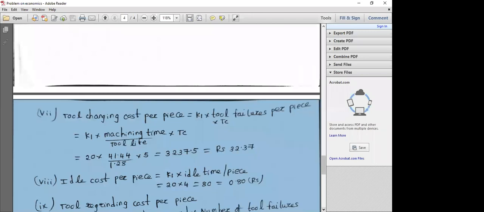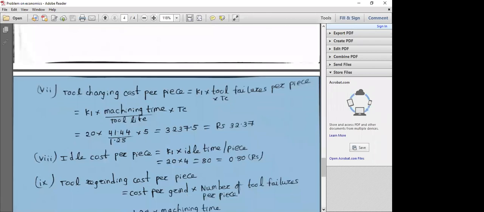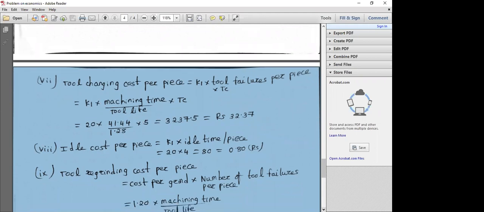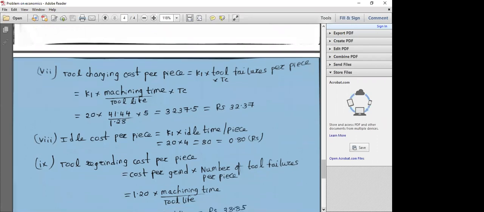So what is the tool regrinding cost per piece? Tool regrinding cost per piece is cost per grind into number of tool failures. Cost per grind has already been given, just see in the data, 1 rupee 20 paise. Remember every time that the number of tool failures is equal to machining time by tool life.